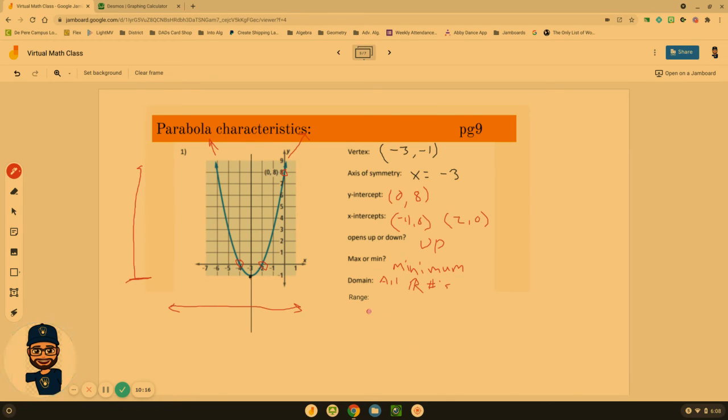So we say that the range, our y values, because we're describing it going up and down, that the y values have to be greater than or equal to -1, the lowest point that they touch, which coincides with our vertex. So those are some characteristics that we should be able to identify if we're just specifically given a graph.